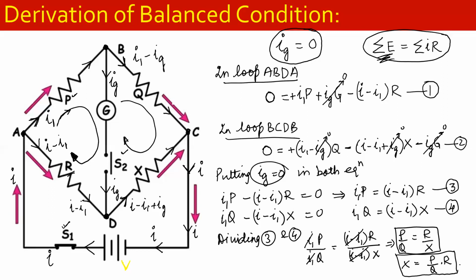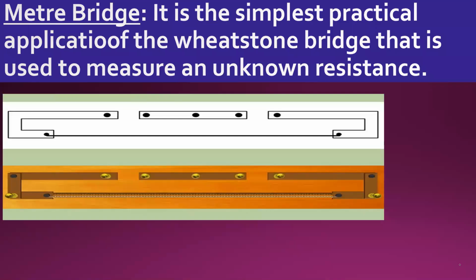Now, with the help of this Wheatstone bridge, we have made a simple instrument that is called a meter bridge. Now, our next topic of discussion is meter bridge. This is the simple practical application of Wheatstone bridge, that is used to determine the unknown resistance.